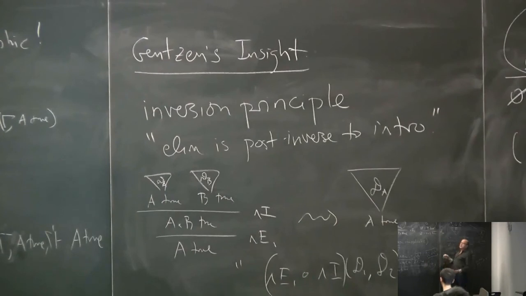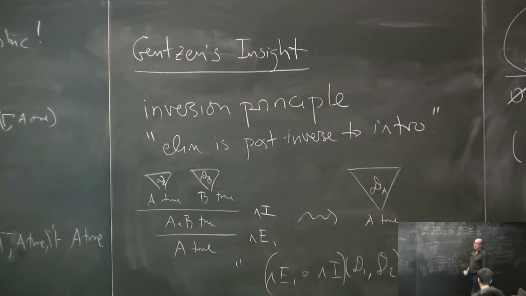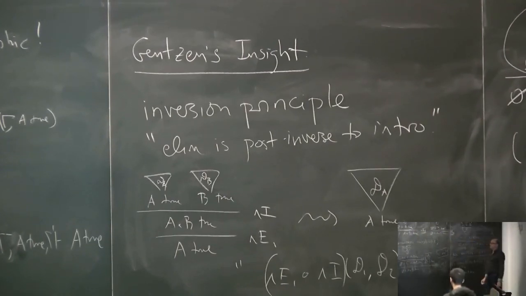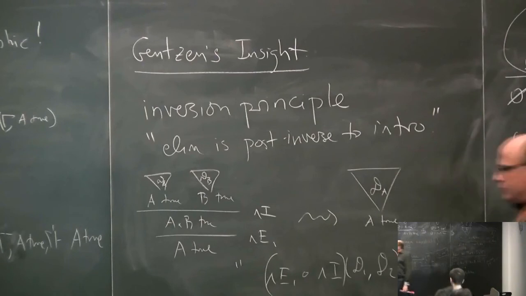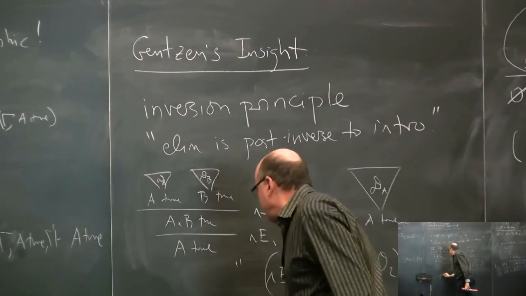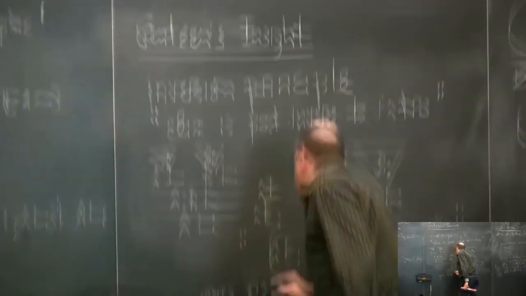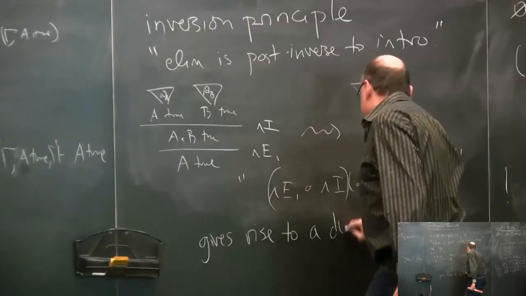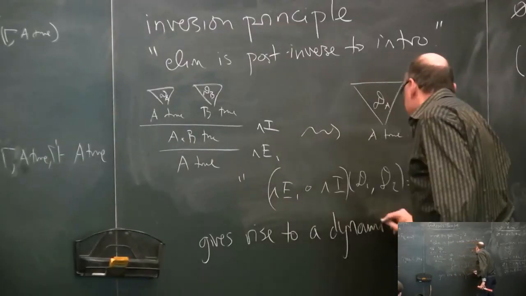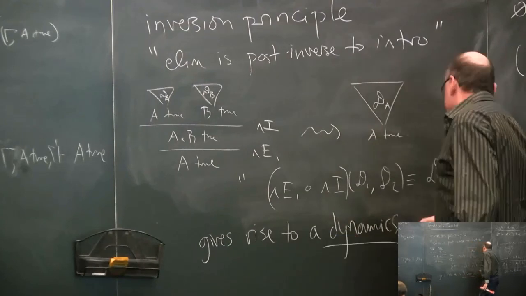Now if you look at all the direct proofs of a disjunction, the only ones there are must end with or-introduction 1 or 2. And in that case, I have the required derivation implicit in the proof. So that is the idea. What it does is it gives rise to a dynamics of proof. So this is the fun thing, a dynamics of proof.